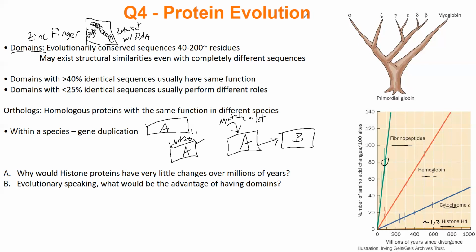Why does it show zero change, even though other proteins have critical things, but they also show some change? And I guess to really think about that question, you should ask yourself, what does a histone do again? What is the main purpose of a histone?